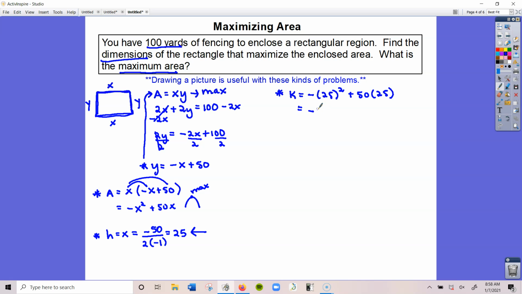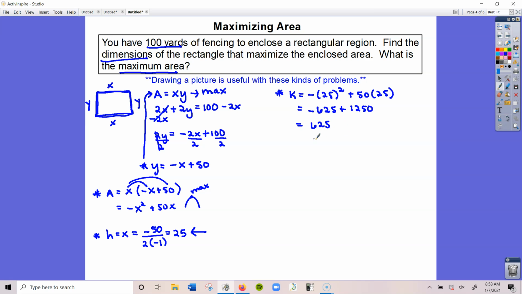And then we have this negative here, so negative 625 plus 50 times 25, which is equal to 1,250. And when we add these together, we get 625.